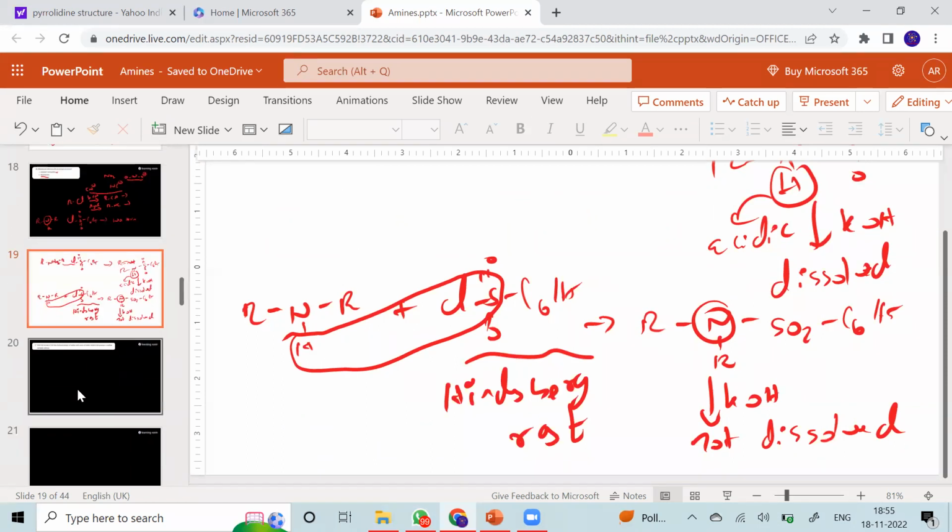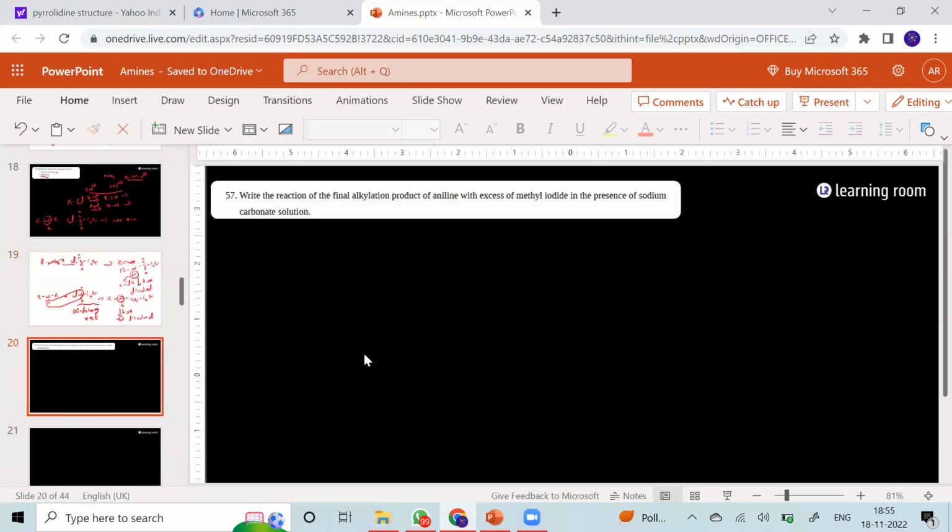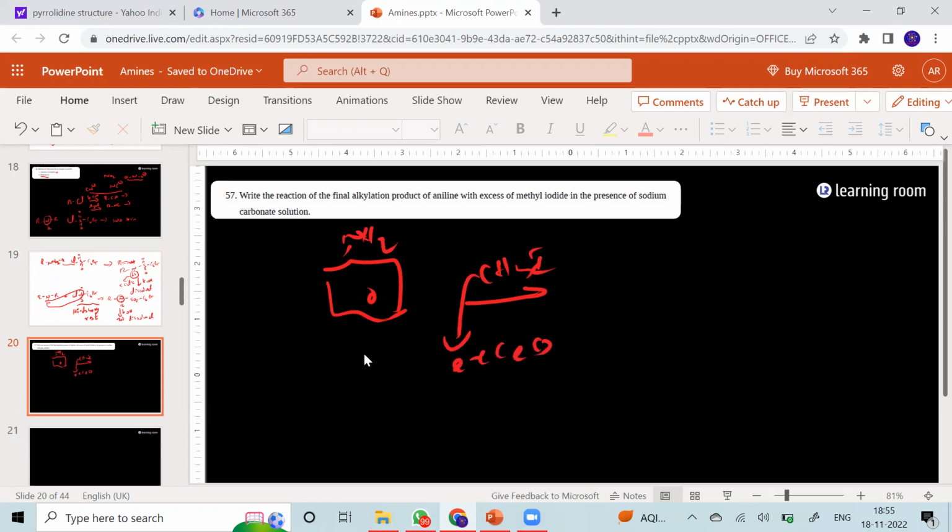Okay. Moving on. Write the final alkylation product of aniline with excess methyl iodide in the presence of sodium carbonate. Now we have aniline, which is going to react with excess CH3I. We know the reaction is continuously going to happen.